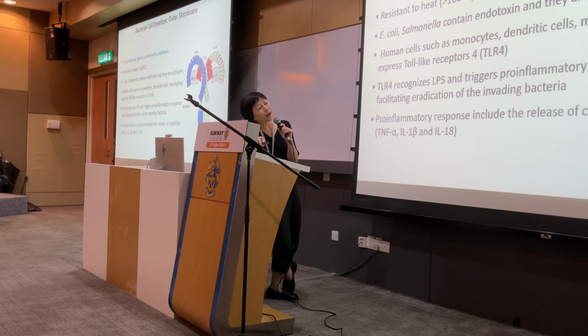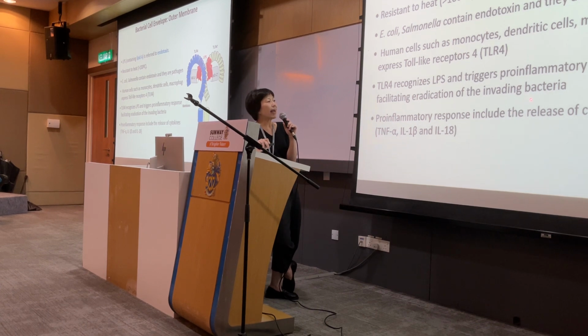So this part will subsequently trigger the signaling pathway, and the signaling pathway will trigger the pro-inflammatory responses, because toll-like receptor 4 tells us there is an invasion of bacteria since it detects the LPS.